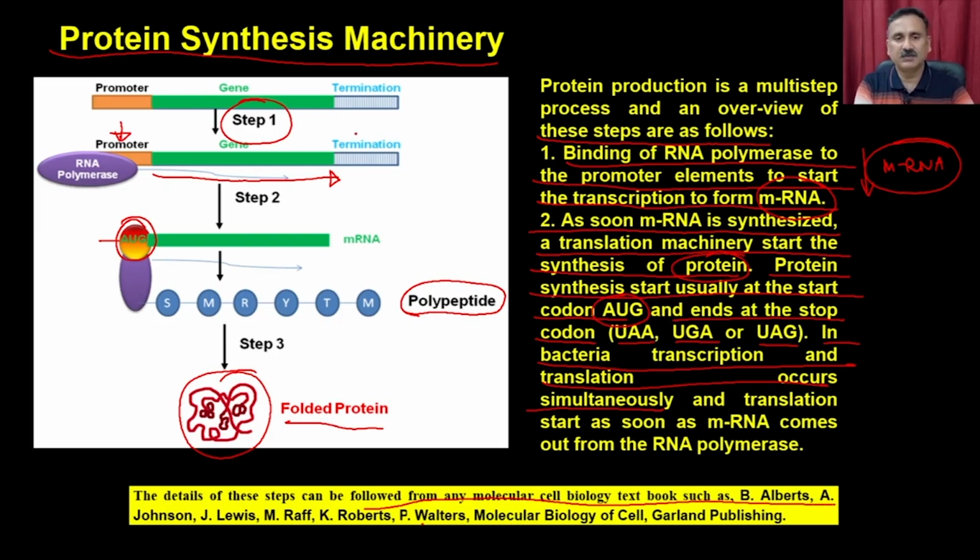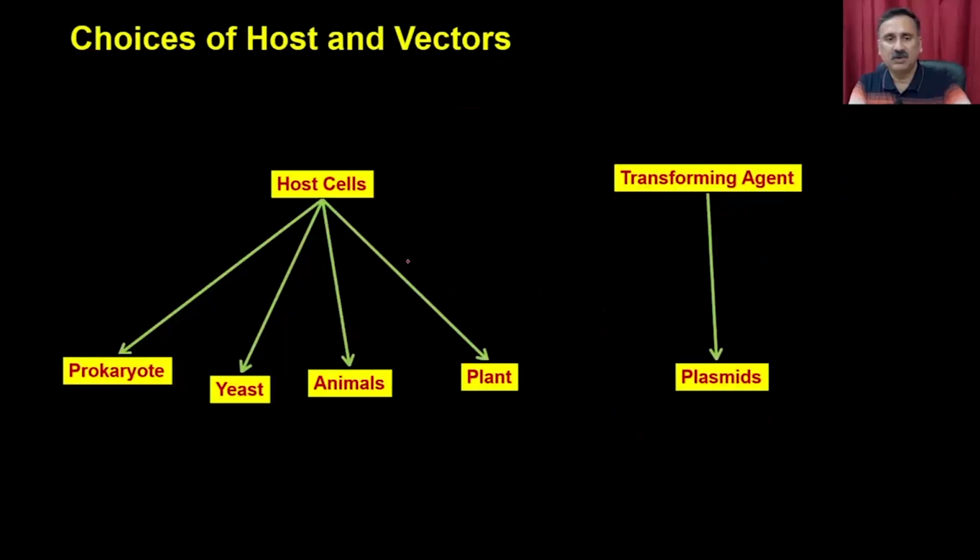You actually need to understand the transcription and translation events, then only you can modulate and understand how we are overexpressing the protein in the host system. Now, when we talk about the in vitro system, you have two different species.